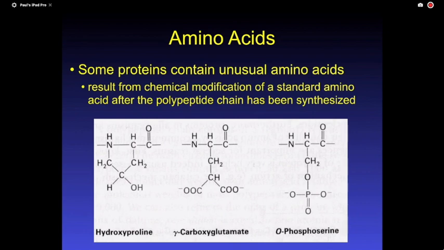Most of these unusual amino acids are functionalized after the initial protein is made. Now, you may have learned back in genetics that the conversion of RNA into protein is translation. And so some proteins get what are called post-translationally modified, and usually they have function. But this is not something that you can see in the DNA sequence itself.